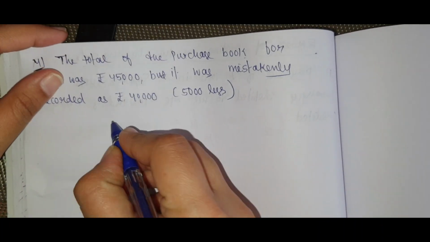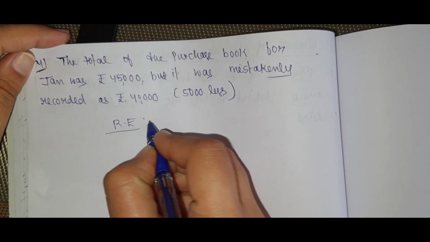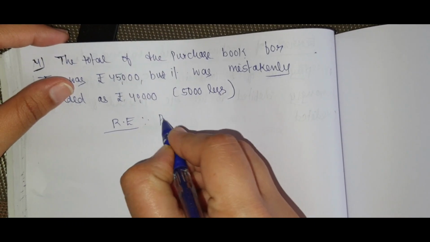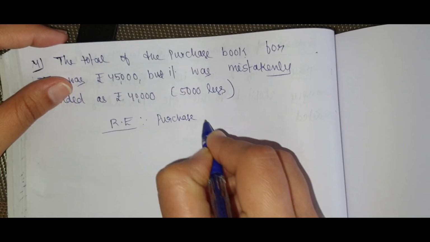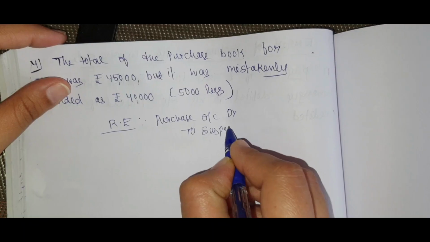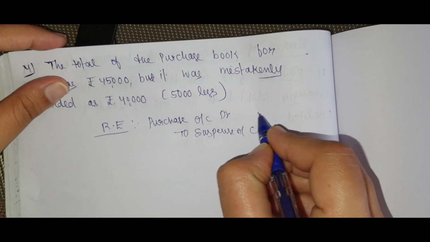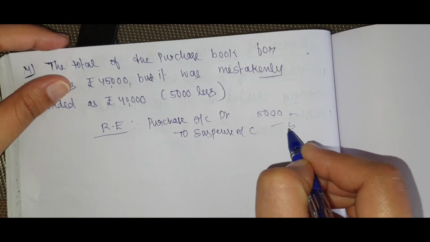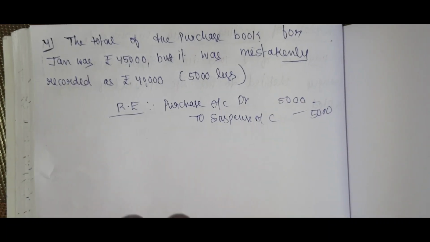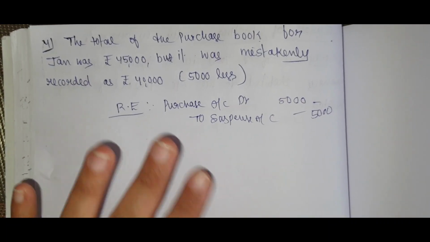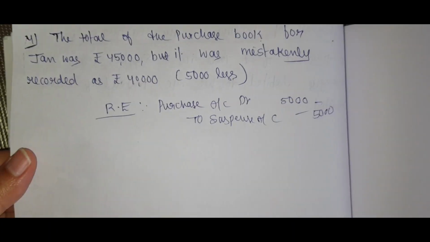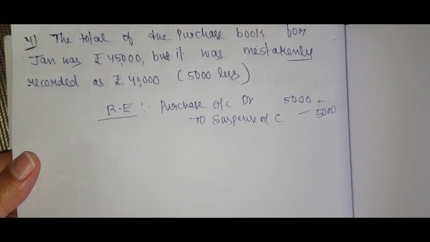So the rectification entry in the case of understate or undercast is: purchase account debtor to suspense account, rupees 5,000. Being undercasting of purchase book rectified. I hope this undercast and overcast is clear to you all.